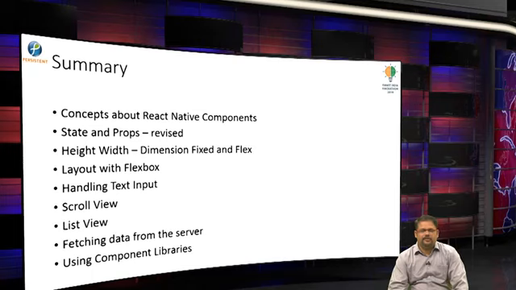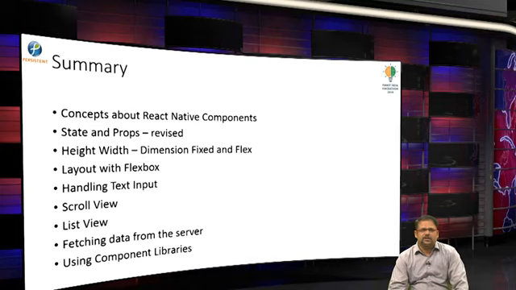After that, we went for handling text input, which is one of the elements or tags available for native apps. Then we discussed scroll view, with its pros and cons. Based on that, we went for something called a flat list, a kind of list view. Along with this, we also saw how, if you are going to create a native app, you can fetch the data from the server.